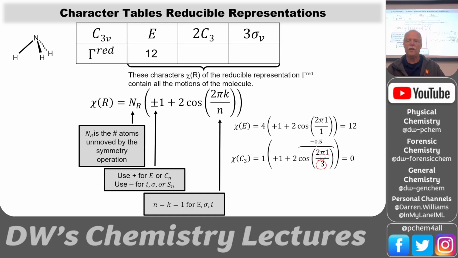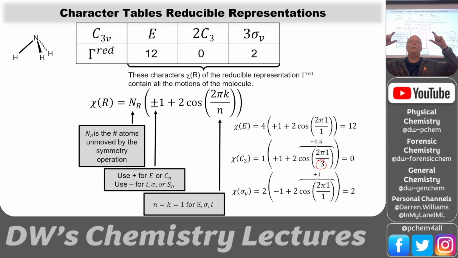So it's 2 pi over 3, and that's going to end up being a cosine of 0.5. Times 2 gives us 1 plus 1. That's a minus a half. Times 2 is going to be minus 1 plus 1. It ends up being 0. And then this one is going to give us a character of 2.